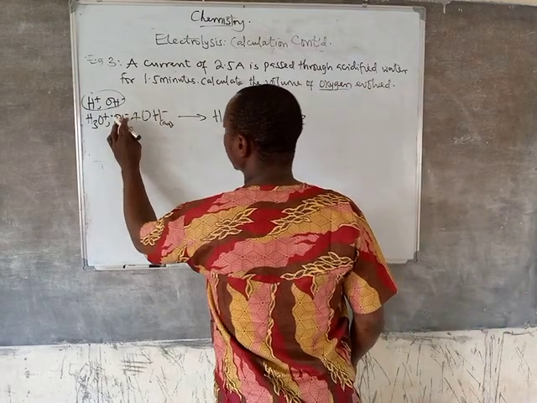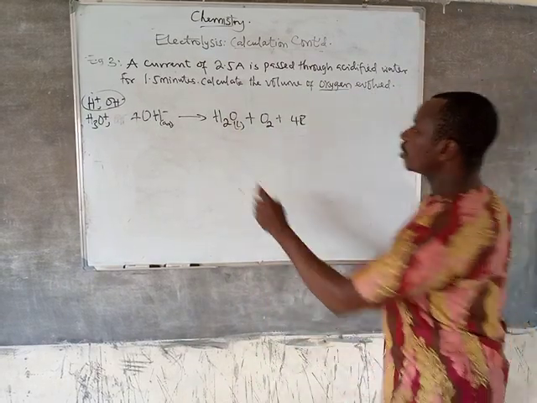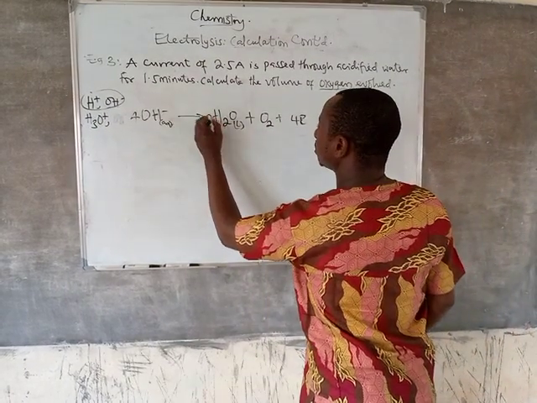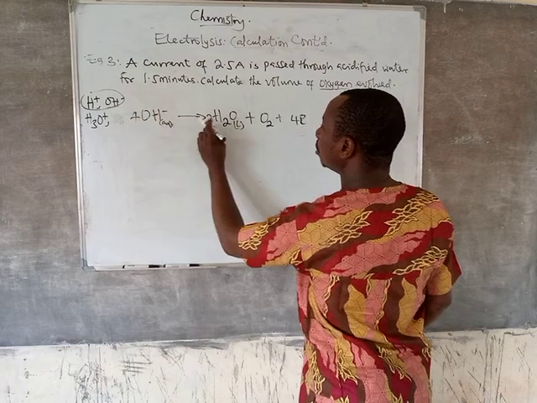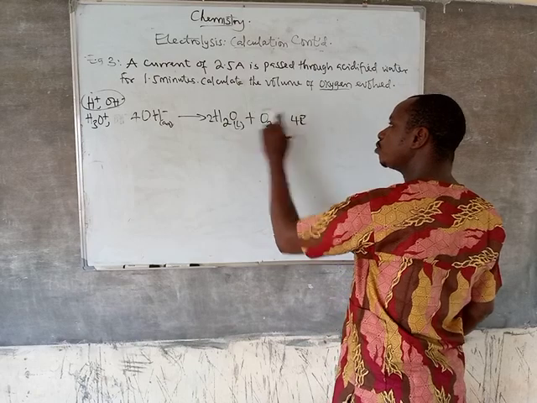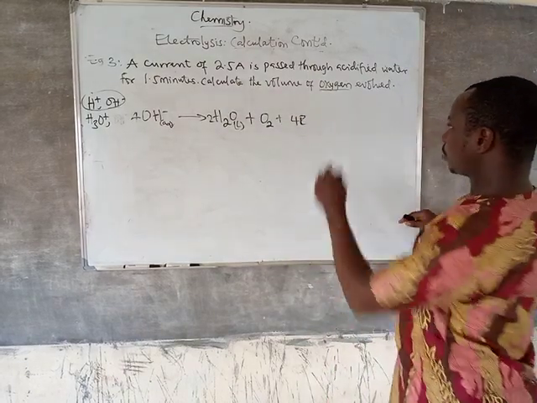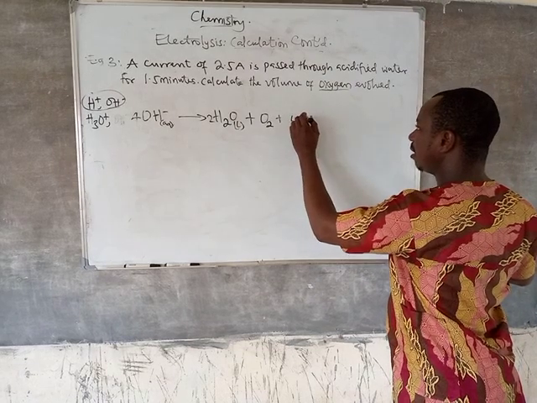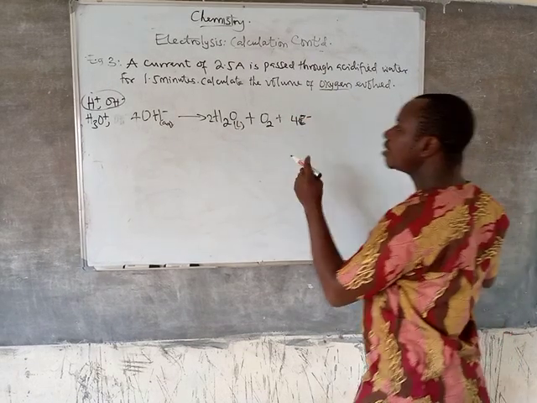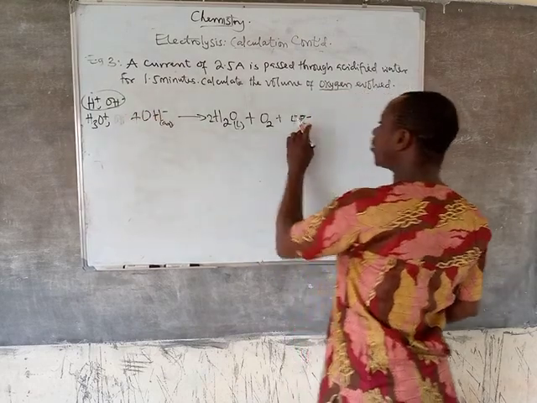If you balance the equation, it should be: 4 hydroxide gives 2 water plus oxygen, 4 hydrogen, 4 oxygen, 2 oxygen plus 2 oxygen gives you 4 oxygen, a molecule of oxygen. And the electrons there are 4, because this 4 is affecting the minus here. So we have 4 electrons.